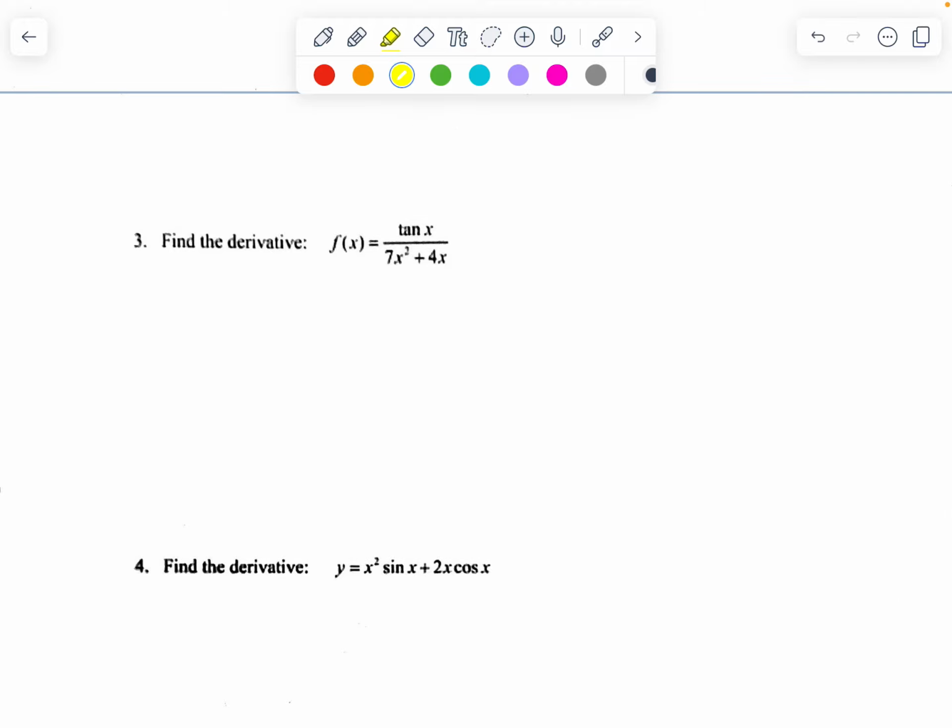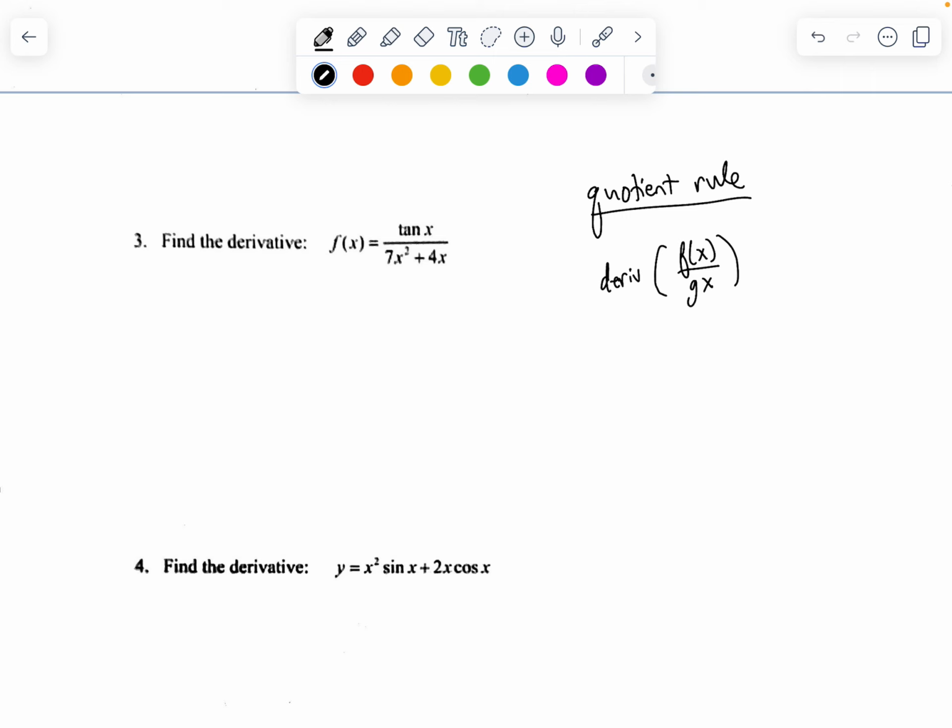For number 3, find the derivative of this. So now we're going to be working with the quotient rule. This one is the really nasty, really ugly one. If you guys would like, I could write that formula down because it's so ugly. That's if I'm taking the derivative of f of x over g of x, right?